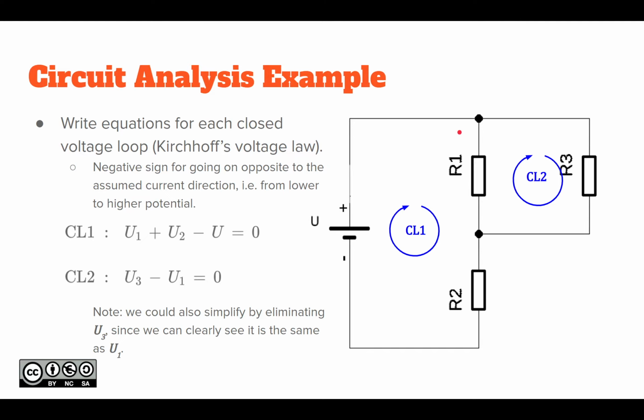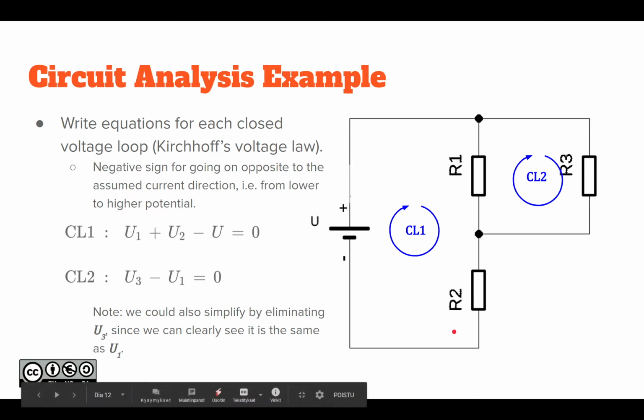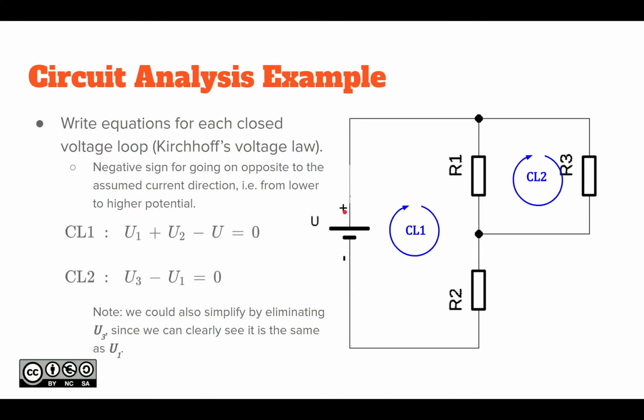But anyways, we have U1, the voltage across resistor 1, and then we have U2, which is the voltage across resistor 2, and the third one is from minus to plus terminal, so the voltage across U in that direction is minus U. Actually, we could have also marked that this voltage is the same as the voltage across R1 plus the voltage across R2.